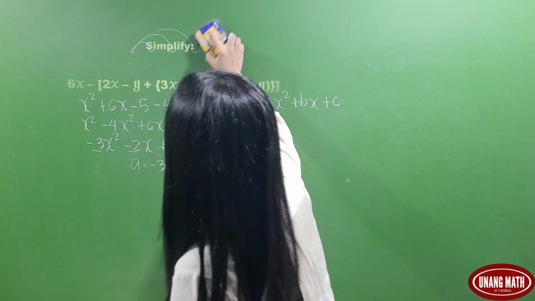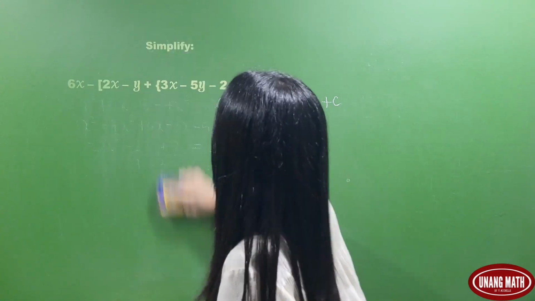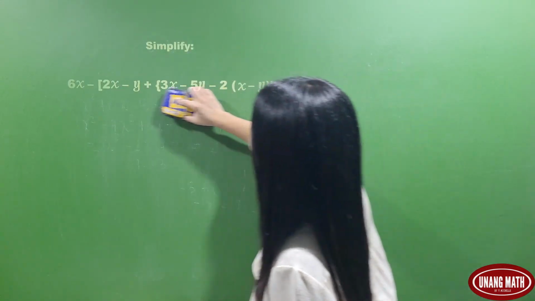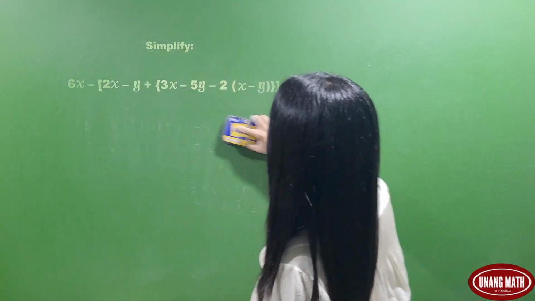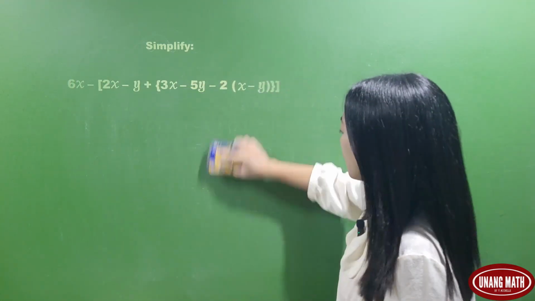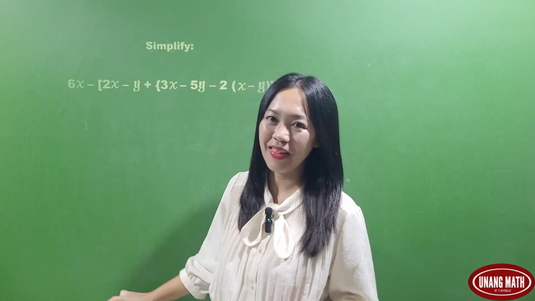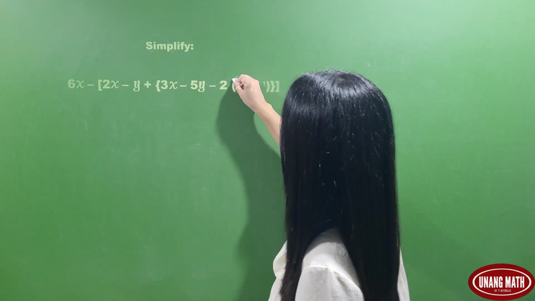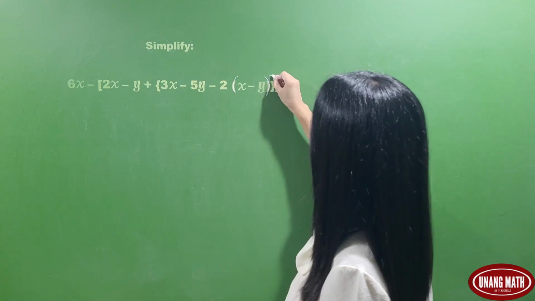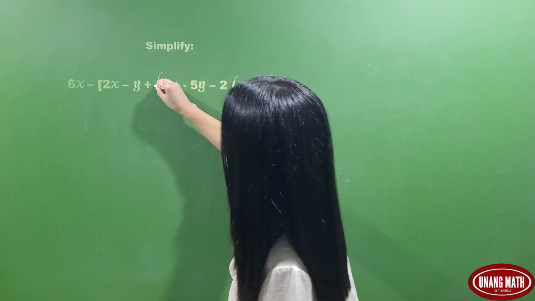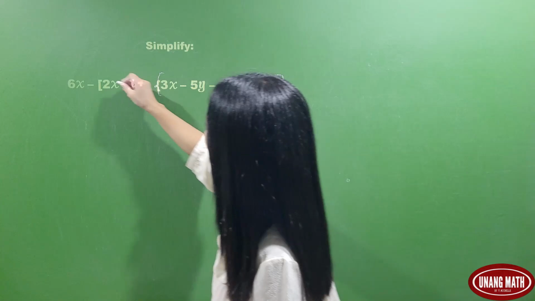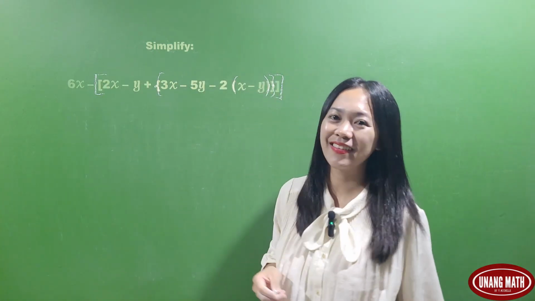Okay, moving on. Let's also simplify this given expression. If you take a look at this expression, we can find parentheses. We also have braces and brackets.